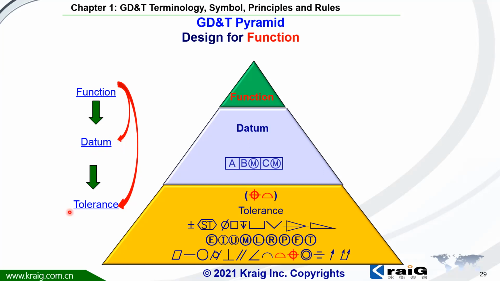Step number 3, specify the tolerance, which including size, form, orientation, and location. Mostly you're going to use all of these symbols to express the geometric tolerance. And here is plus minus size tolerance.